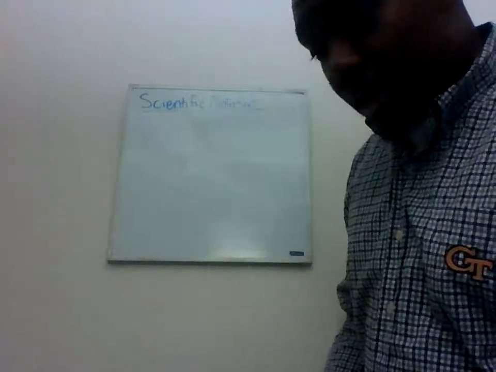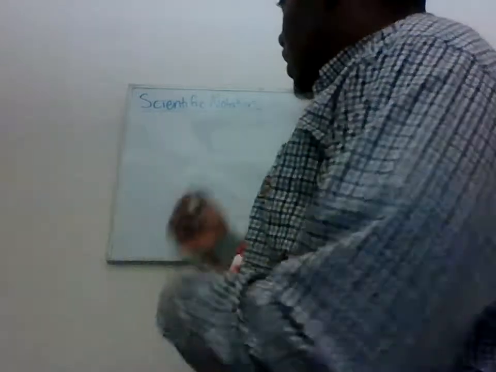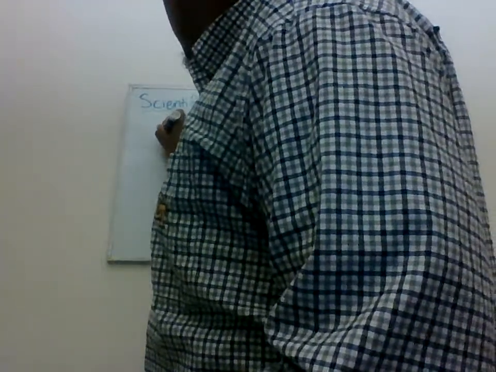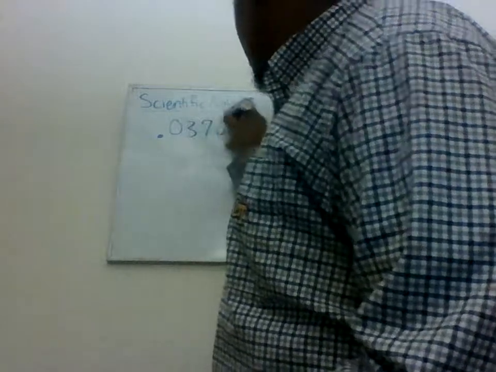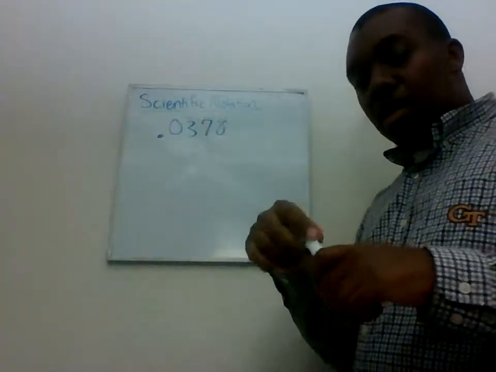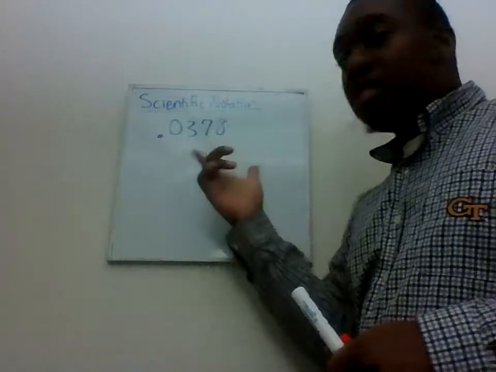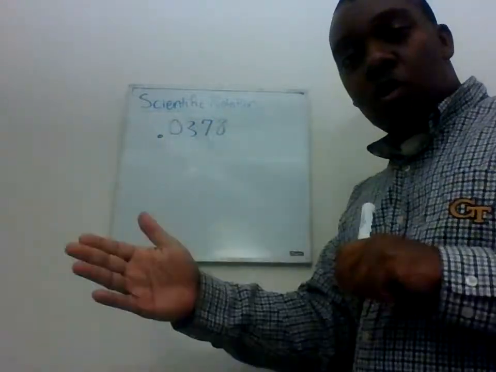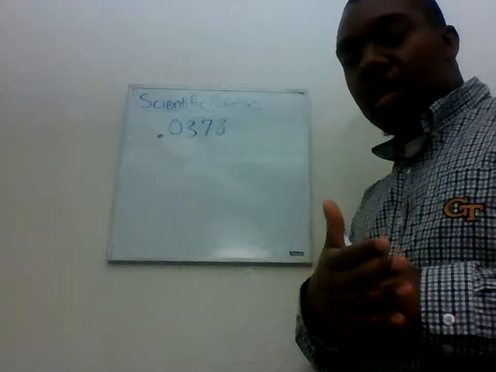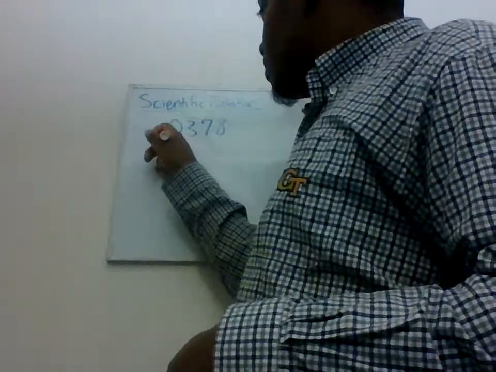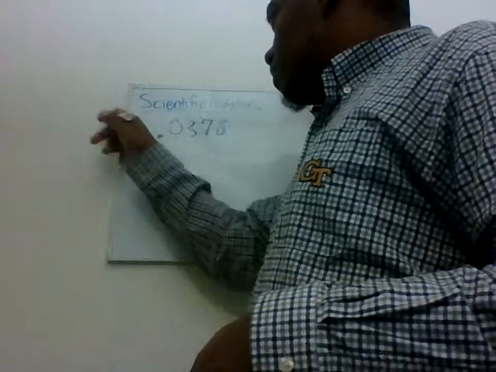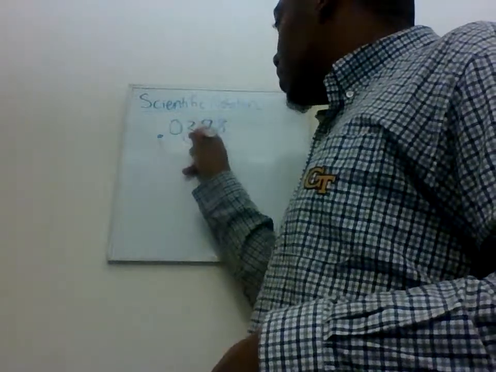So if we go the other way, say we have 0.0378. Okay? Well, we're going to do the same thing. We want this value to be between 1 and 10. So how do we get it between 1 and 10? Well, we'll take this decimal, and instead of moving it to the left, we're going to move it to the right.